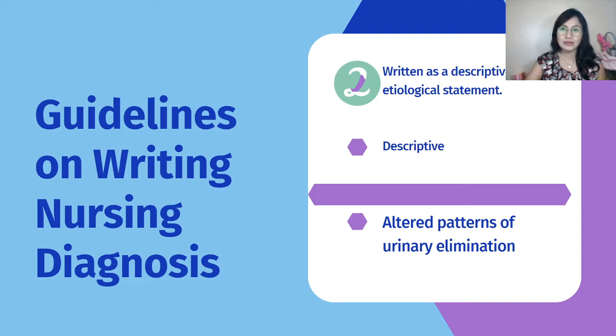But when you check the NANDA, make sure that you have the appropriate or related cues, so that you can easily identify the appropriate nursing diagnosis. An example of this one is altered patterns of urinary elimination. So that is descriptive.